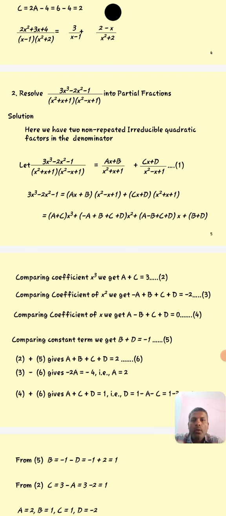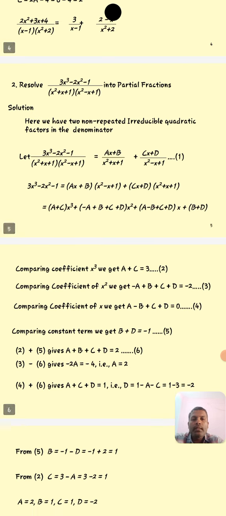Now we write it the simple way: (a plus c) into x cube, plus (minus a plus b plus c plus d) into x square, plus (a minus b plus c plus d) of x, and the constant term is b plus d.